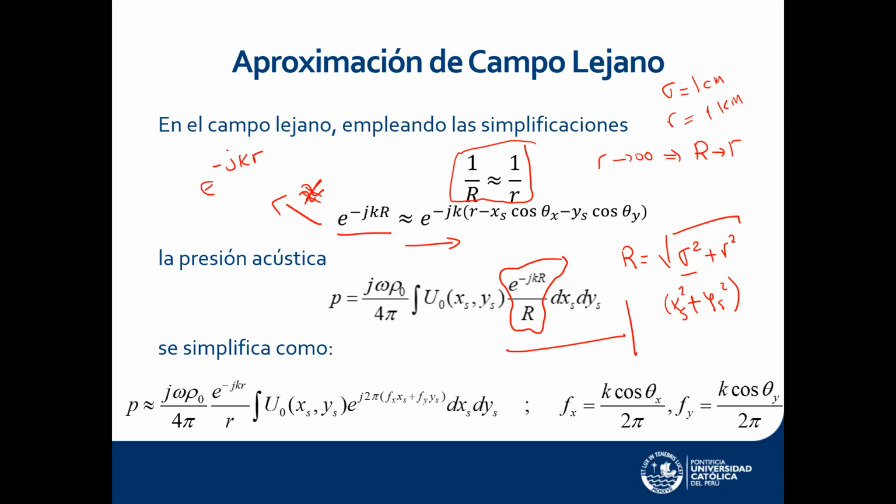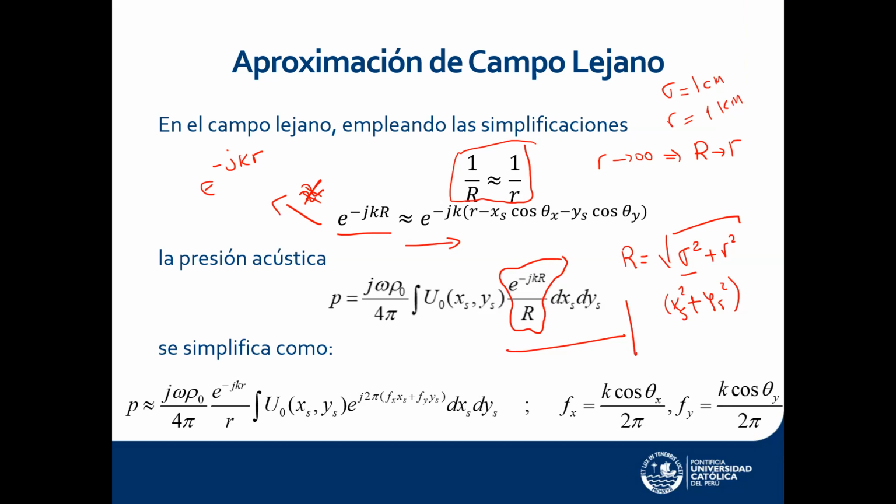Seems like it can be separated. I remember, I think the next expression resembles an inverse Fourier transform. That could be a reason out of convenience. But there's another reason, right?